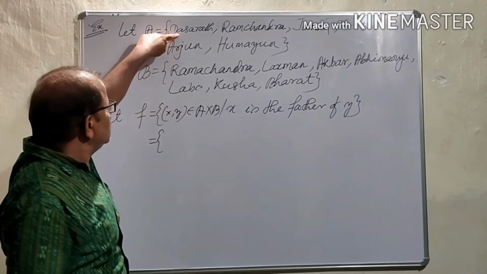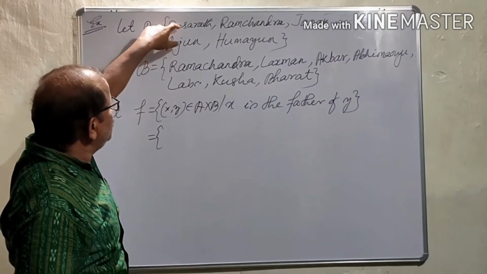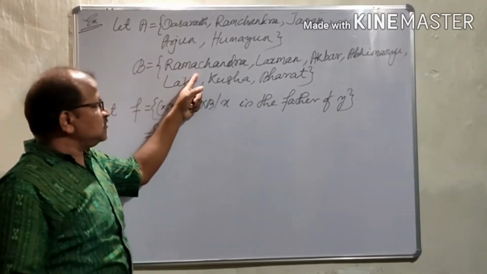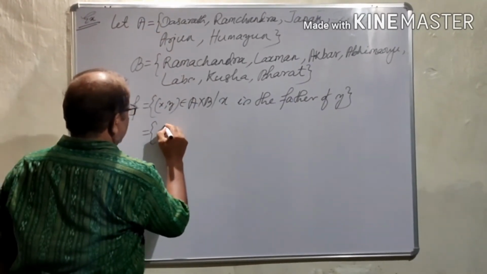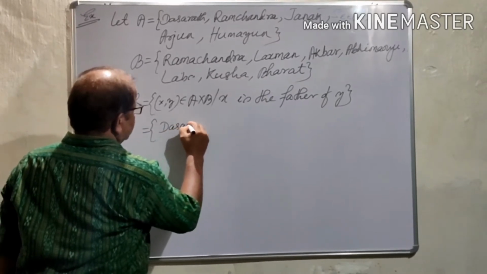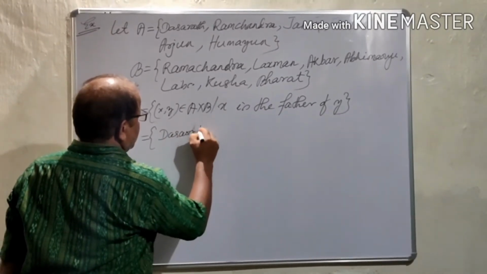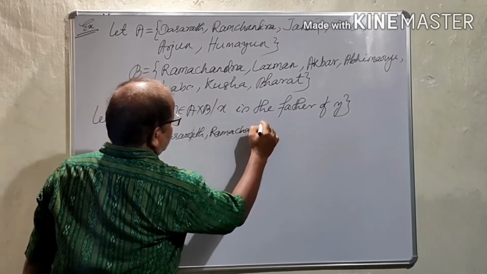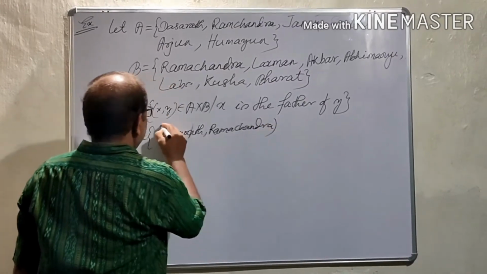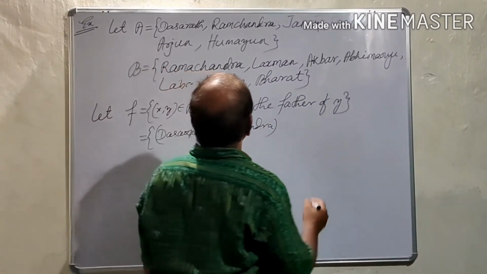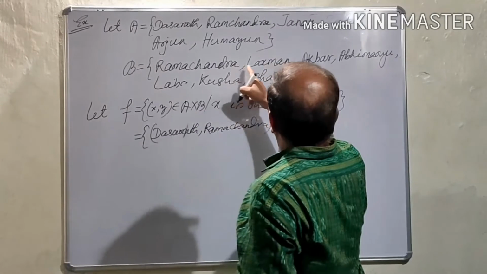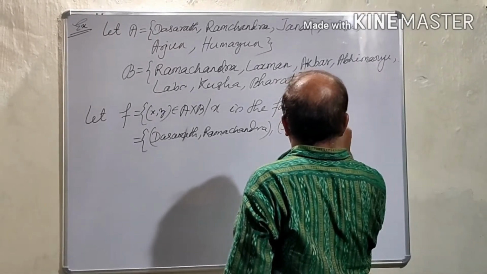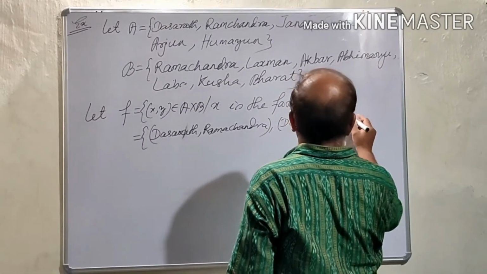If x is Dasharatha, then we will go to set B. Dasharatha is the father of Ramachandra. So the pair will be (Dasarath, Ramachandra). Dasarath is also related to Lakshman: (Dasarath, Lakshman).